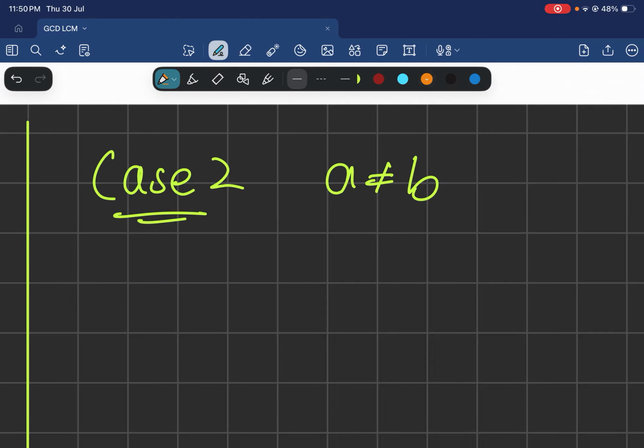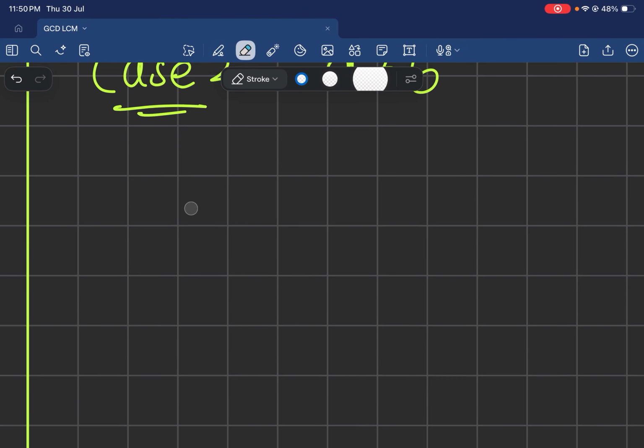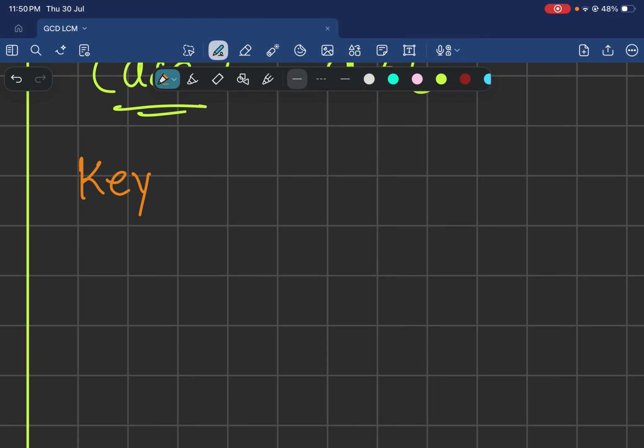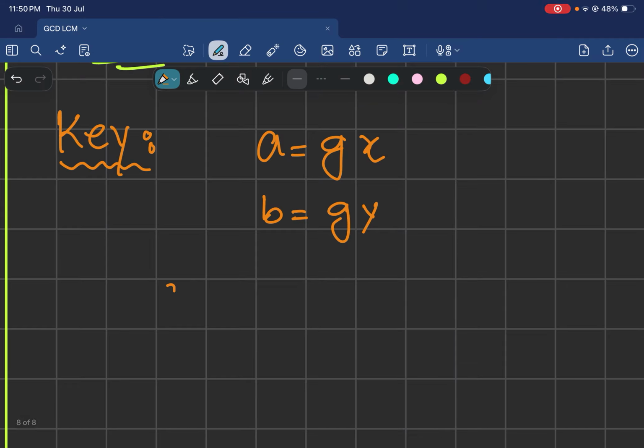Whenever you have GCD and LCM, you need to know one thing, and this is the key, I'm writing it here. The key is to use A is equal to G X and B is equal to G Y, where I have declared the GCD of A and B is G. In the previous video I taught you that when you take out the GCD, you are left with numbers that are co-prime.